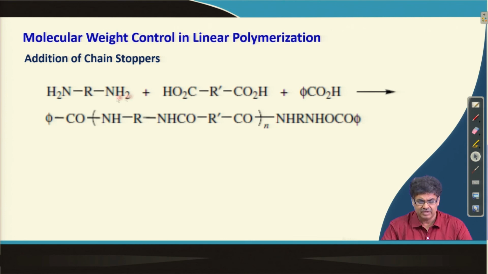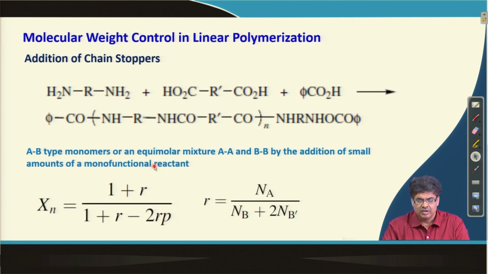For example, in the reaction between diamine and diacid, if we add a monofunctional acid, then we get polymer chains ended with these monofunctional groups, and we can use the same formula, redefining the value of R a little bit like this: Na divided by Nb plus 2 Nb dash, where Nb dash is the number of molecules of the monofunctional reactant added.